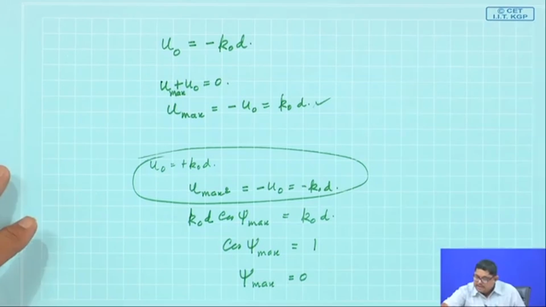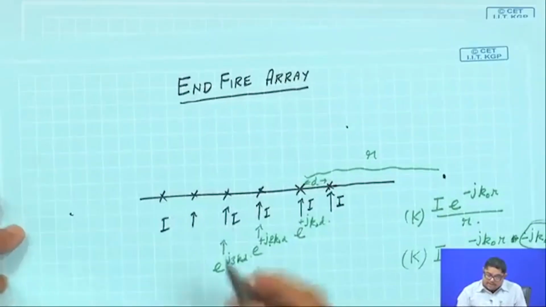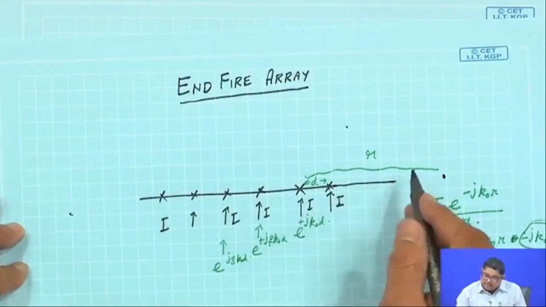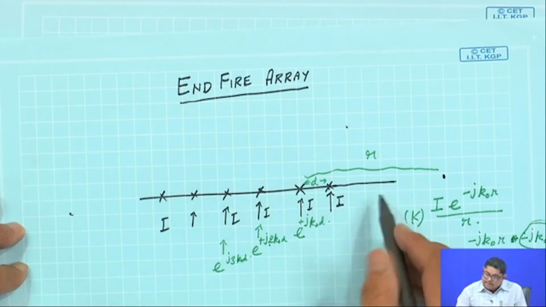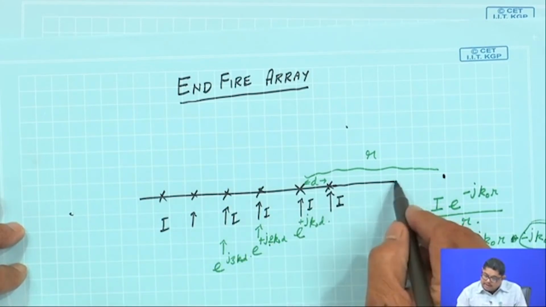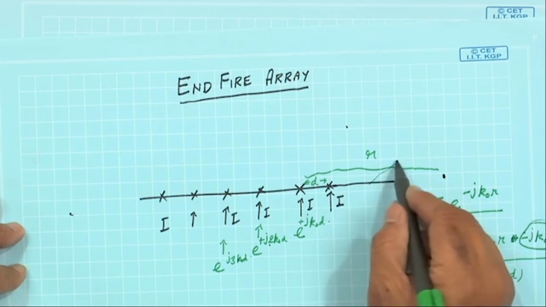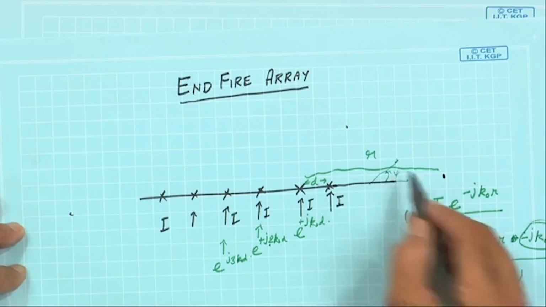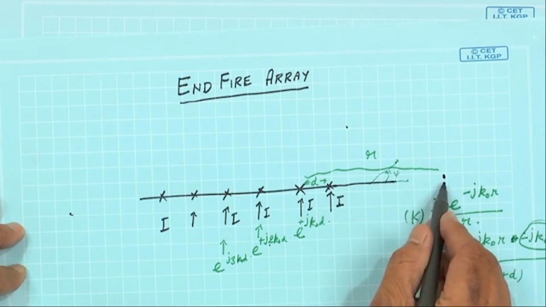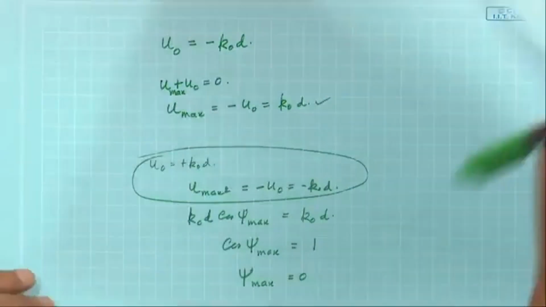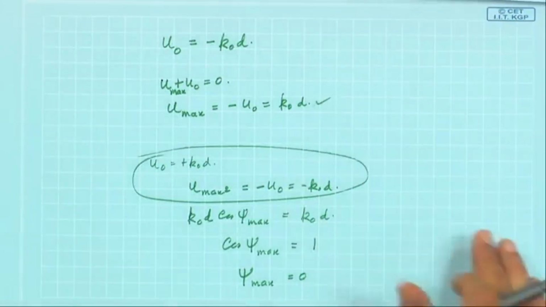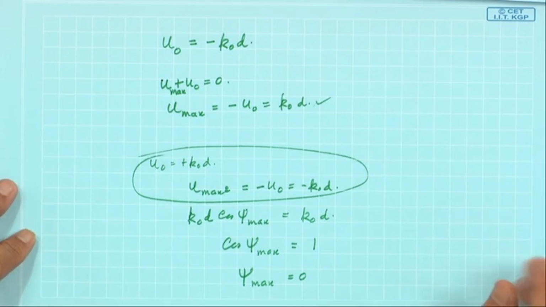What is psi? This is the array axis. So, psi is 0 means it is having the peak in this direction. Okay. So, major lobe occurs along the array axis.